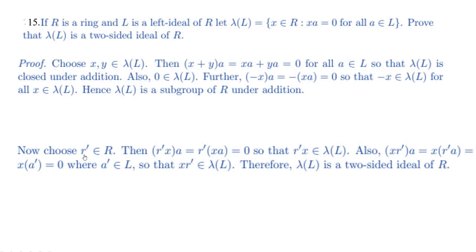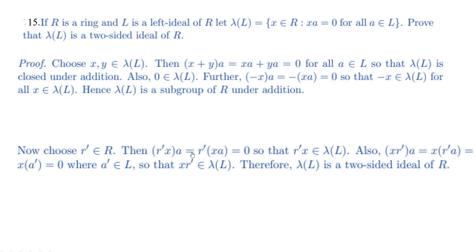Now we choose some element in capital R, R prime. Our job is to show that for R prime in R and x in lambda of L, if we consider R prime x a, it should be 0.